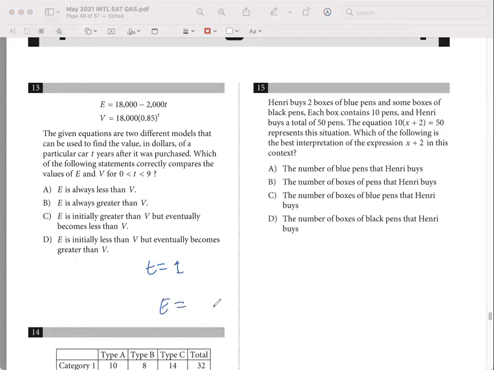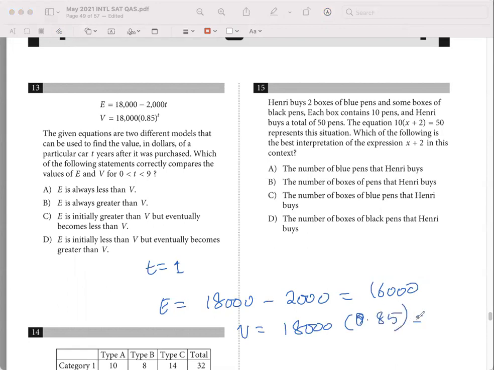So E is 18,000 minus 2,000. So that's 16,000. And V is 18,000 times 0.85, which is 15,300. So at 1, E is definitely less than V.